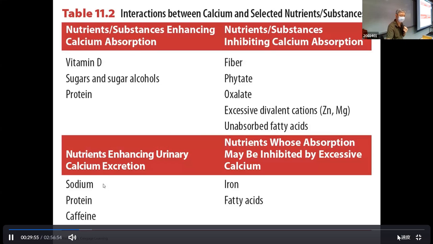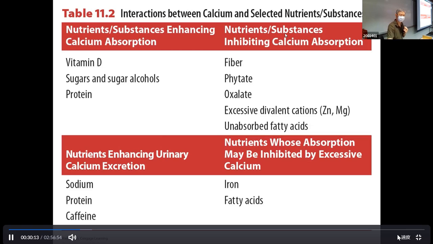So although these are established facts, from a real dietary standpoint, the impact is not that big as compared to your dietary intake.